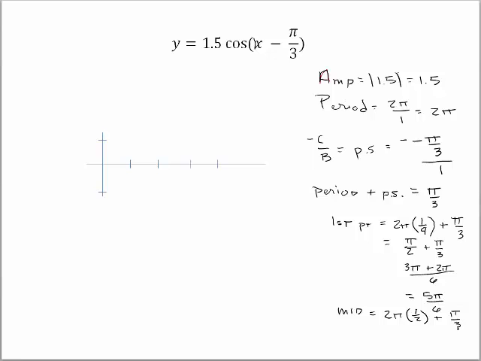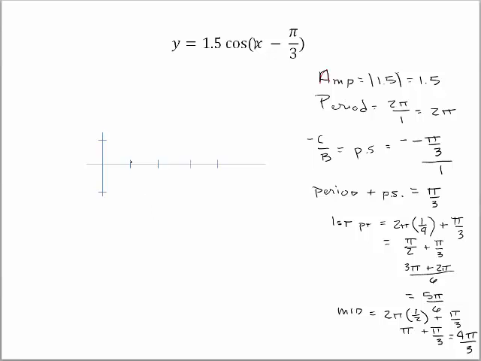So it's the period times the factor plus the phase shift. So what do we have here? Pi plus pi over 3, least common denominator, gives us 3 pi plus pi would give us 4 pi over 3. Okay, and that's going to be our midpoint.